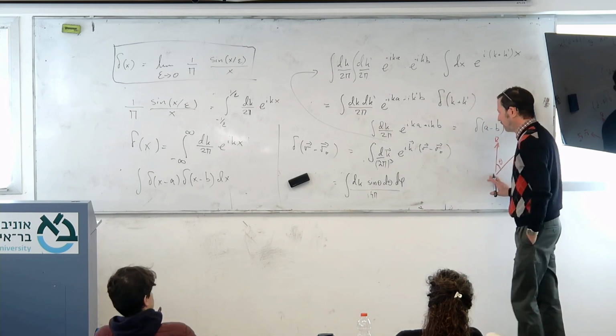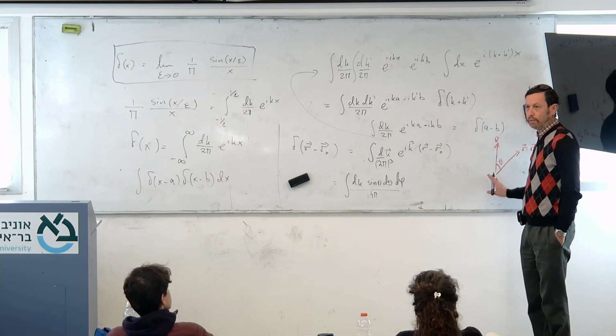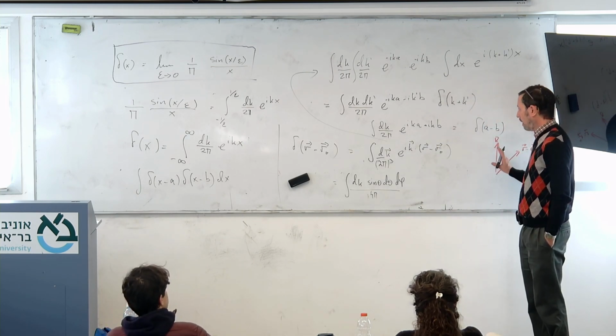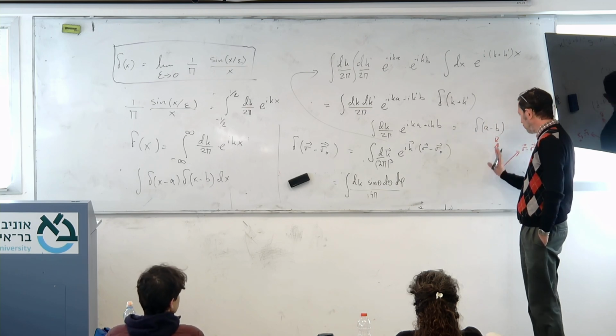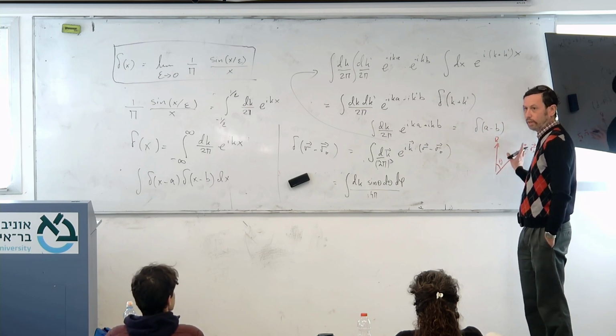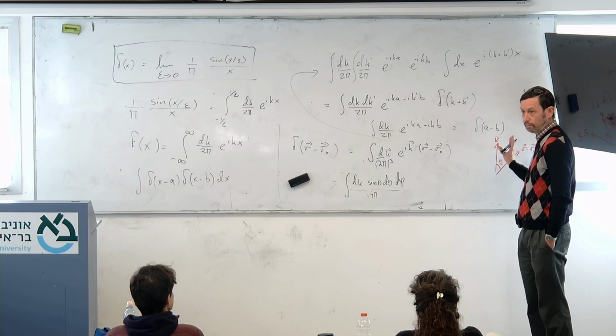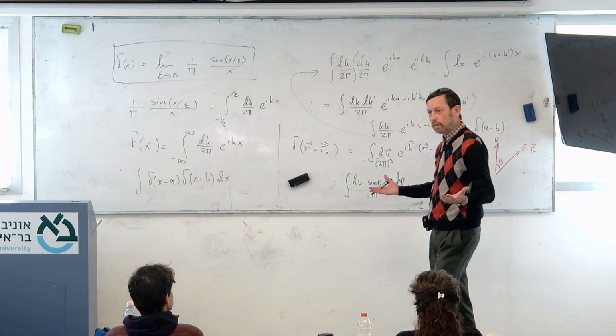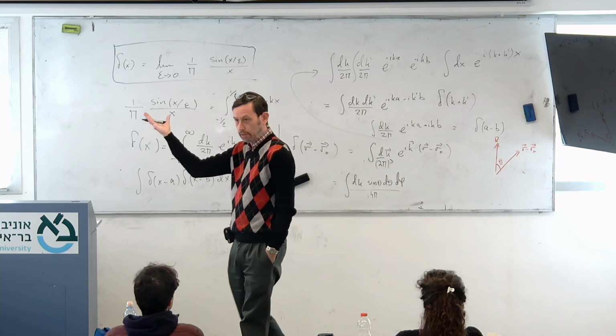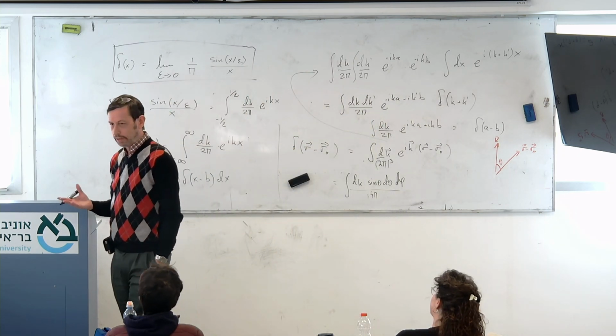So, to make life simple, I decide to put theta in a specific direction. Let's say I choose it in the direction of r minus r0. And I allow, why not? I'm choosing the polar coordinate, I always choose some direction.